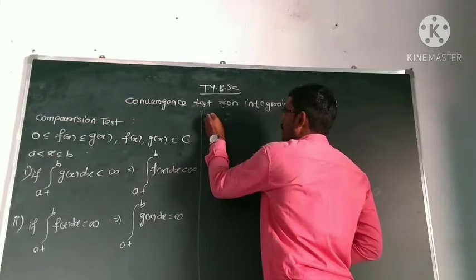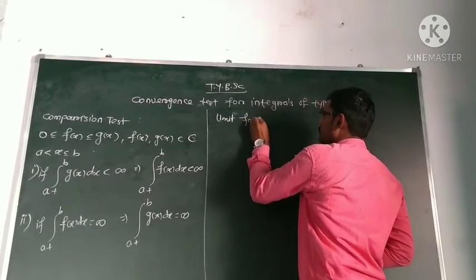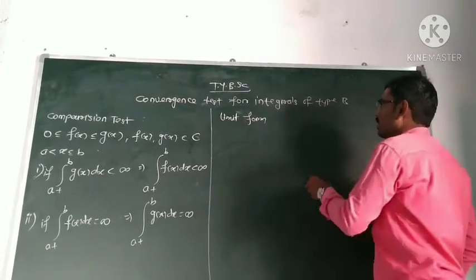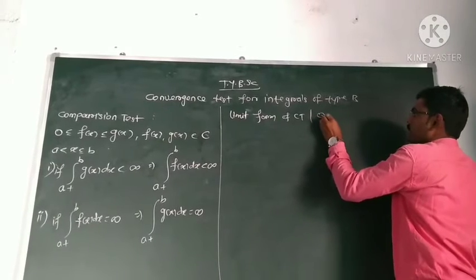The limit form of comparison test, comparison test 2, is also known as the quotient test.